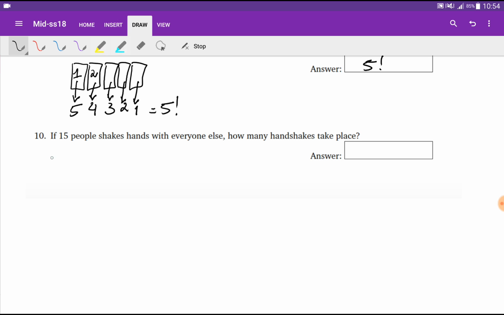Then the second person shakes hands with the remaining 13 people. And the third shakes hands with 12, and so on. And the number of handshakes will be 14 plus 13 plus 12, and so on, plus 1. So the sum of the series is equal to 14 multiplied by 15 divided by 2, or simply 7 multiplied by 15.